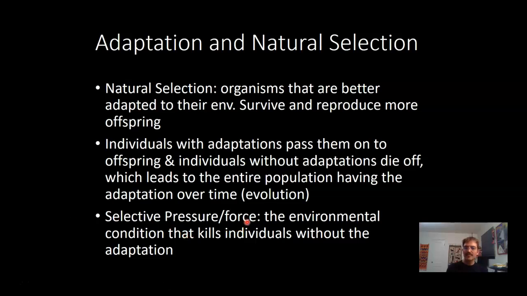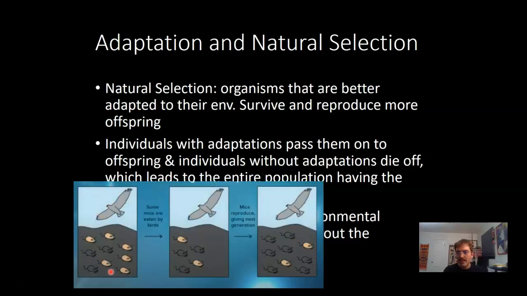So if there's a selective pressure or force, like the environmental conditions that kill individuals without the adaptation, right? So for example, there's mice and they live on this beach with black sand, right? And so some mice are eaten by birds on a regular basis.